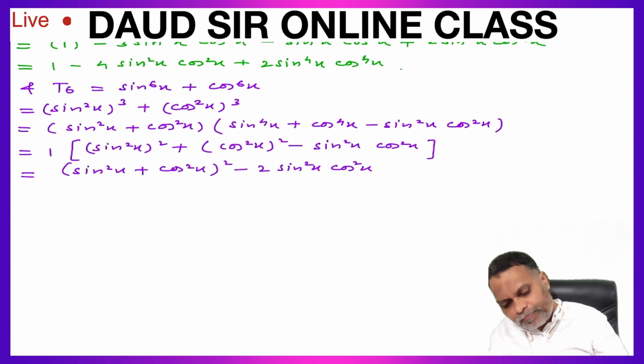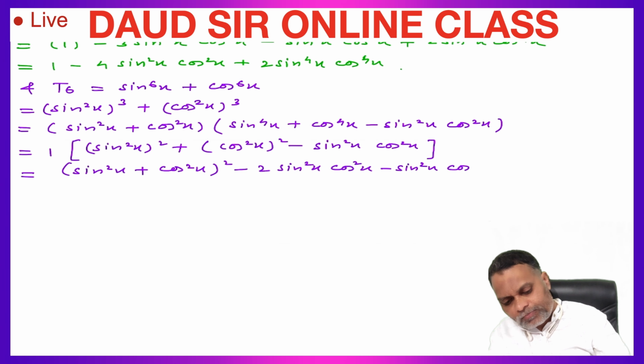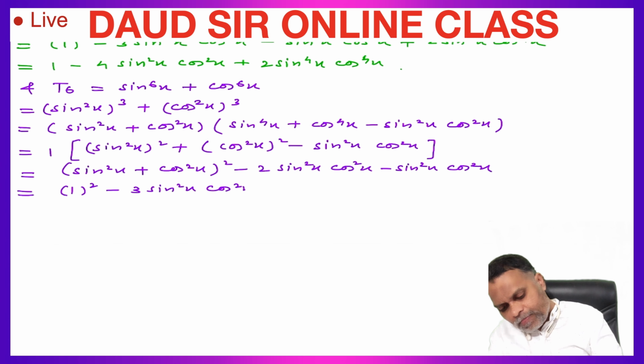Simplify this: sine square x plus cos square x whole square, 1 square, minus 3 sine square x cos square x. So which is equal to 1 minus 3 sine square x cos square x.